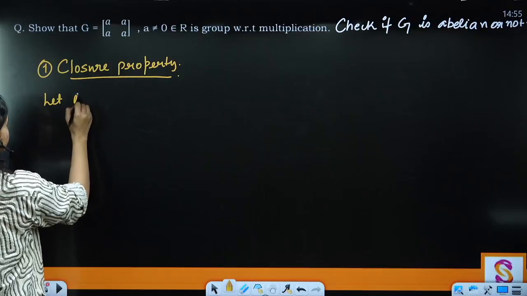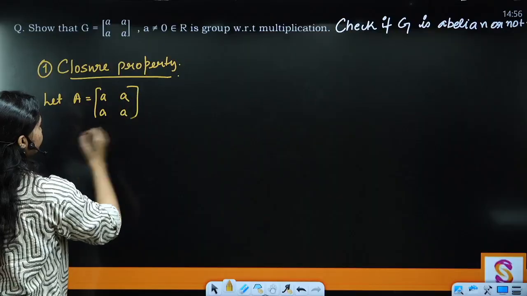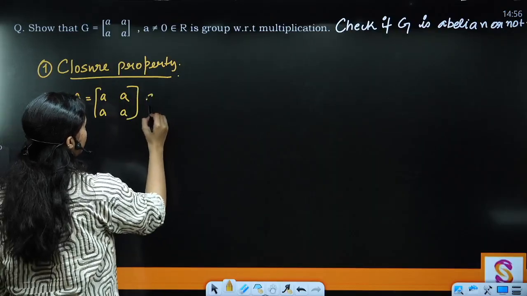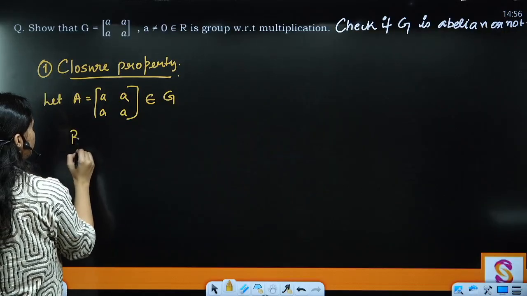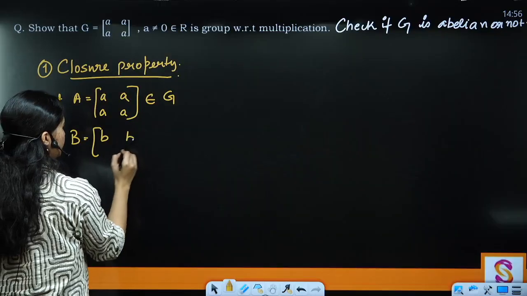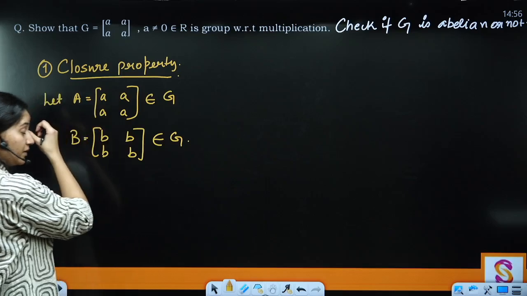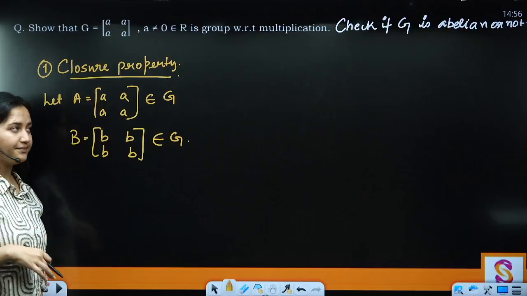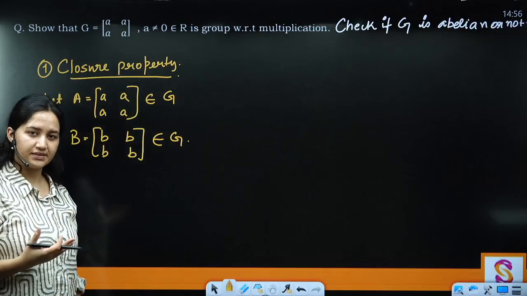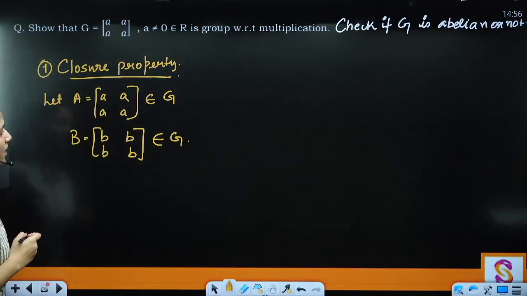First one is your closure. Let A equal [a a; a a] with a belonging to the field, and B equal [b b; b b] with b belonging to the field, right? What is the condition on the matrix? That all the elements have to be the same, and they are not supposed to be equal to zero. That means the zero matrix does not belong to this group, right? Chalo.